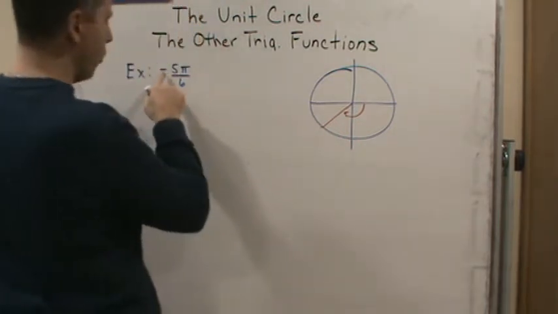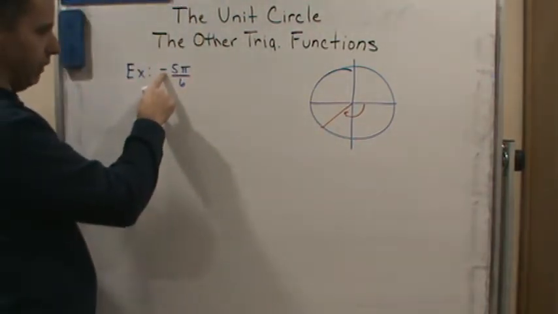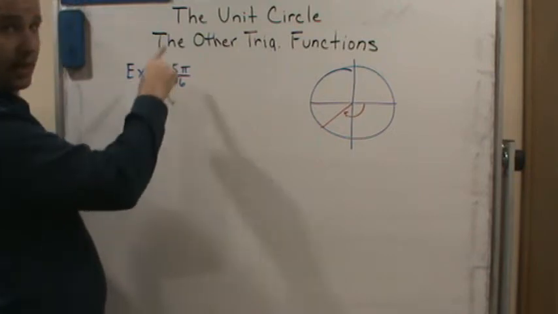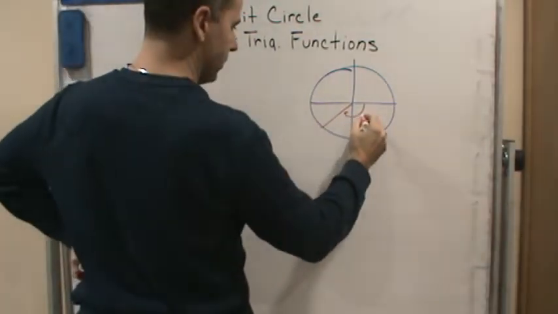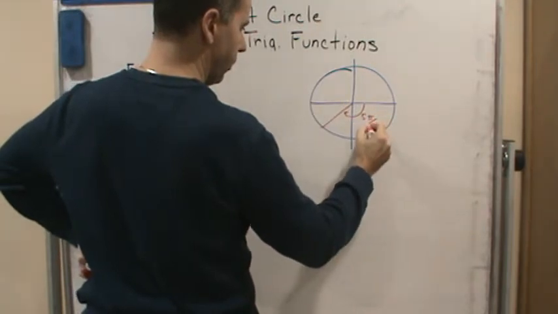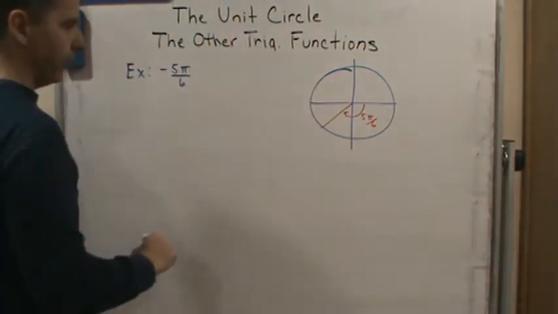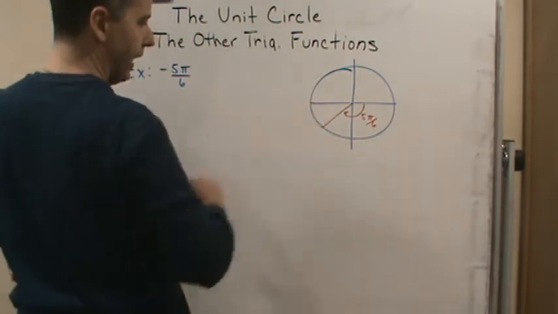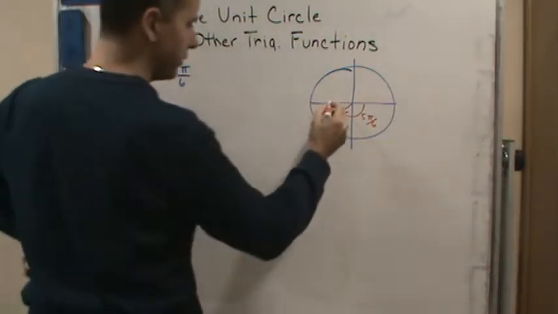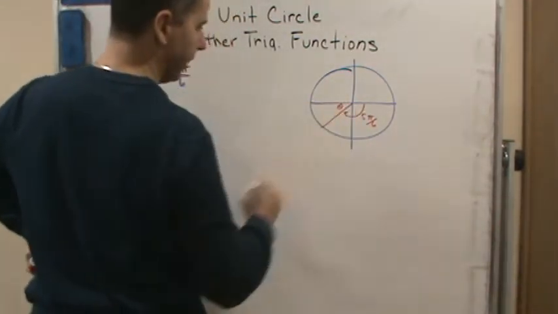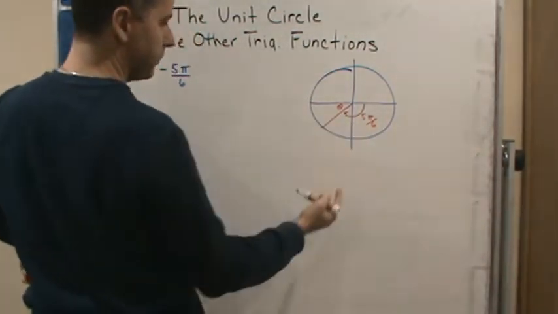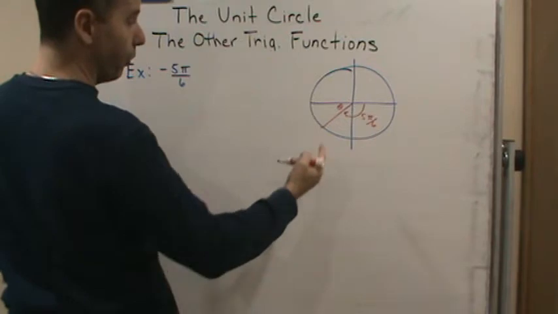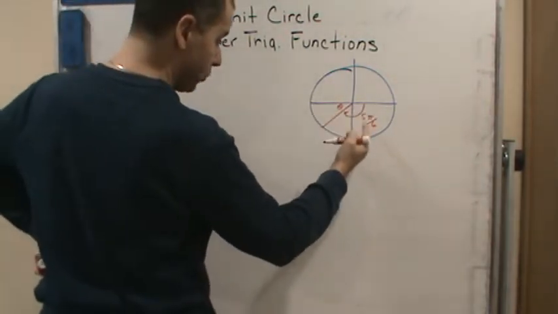If we just ignore the negative sign, because the negative sign just means we're going clockwise, we know this angle is 5 pi over 6. This whole thing has to add up to 180. So if this is our reference angle, theta, then theta plus this has to add up to 180.